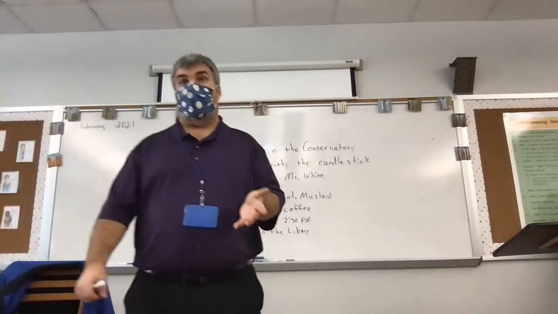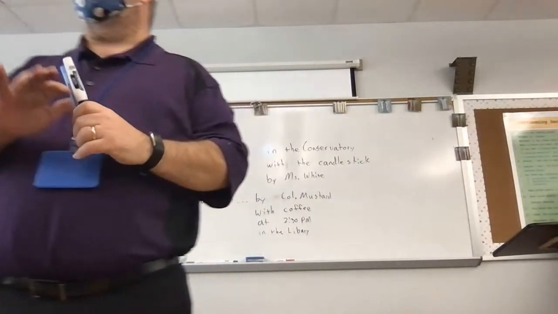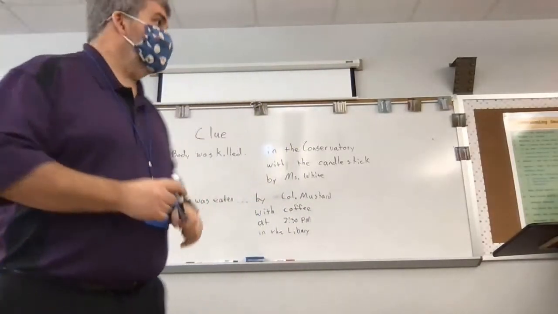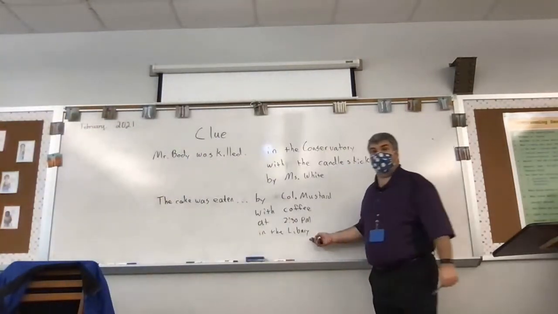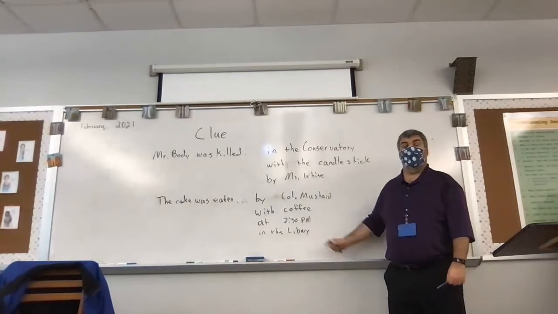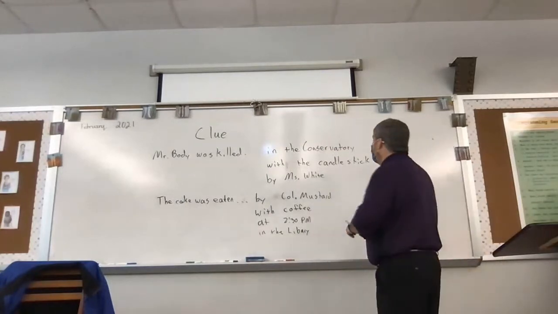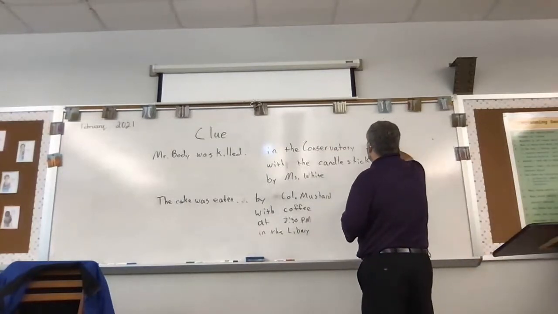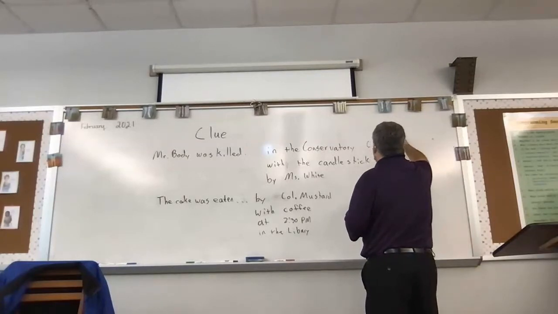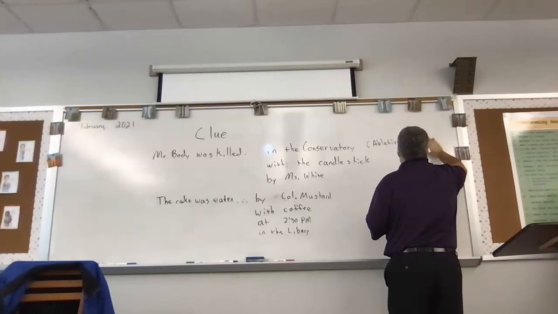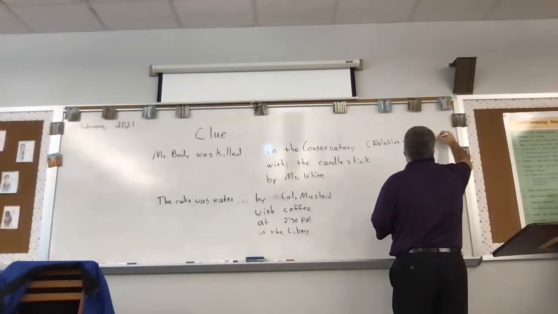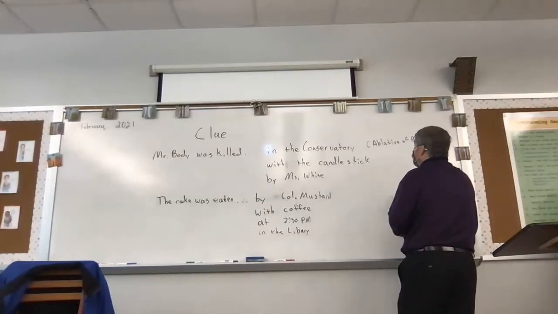So, in the conservatory, in the library down here, that's an example of something that we call the ablative of place where. In other words, it's an ablative use that tells us the place where the action occurred.